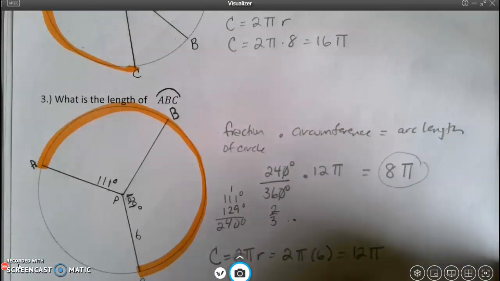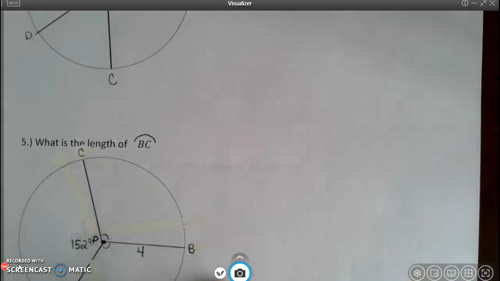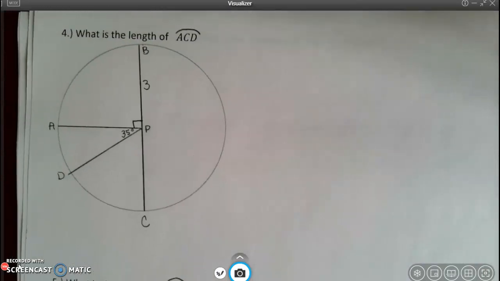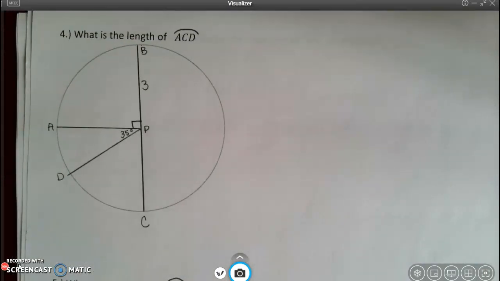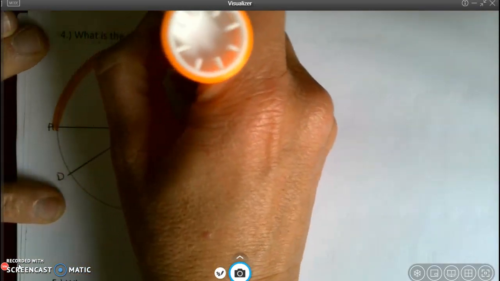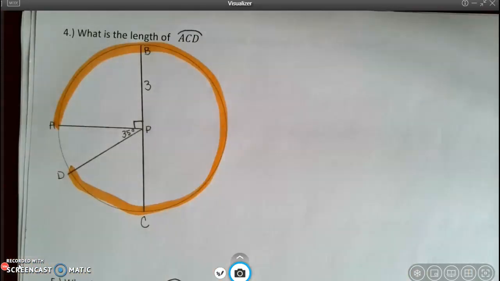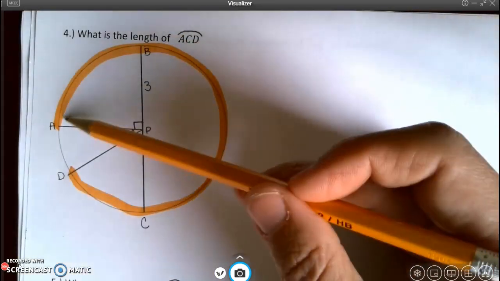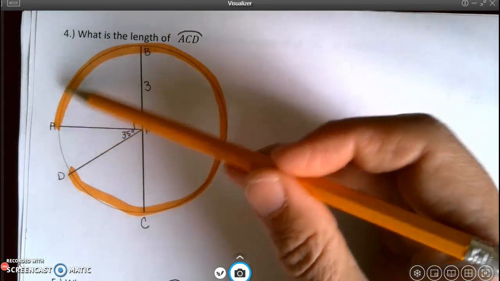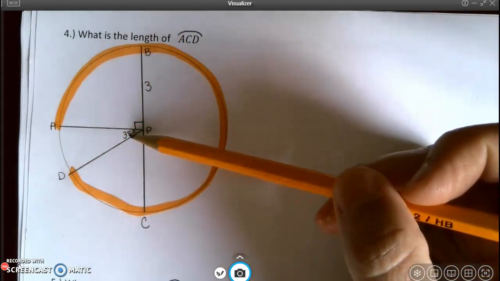All right, let's go to our next problem. What is the length of major arc ACD? That tells me that I'm going to go all the way around like this. A, then C, then D. So to go from A to C to D, I'm doing the entire circle except for this 35 degrees.